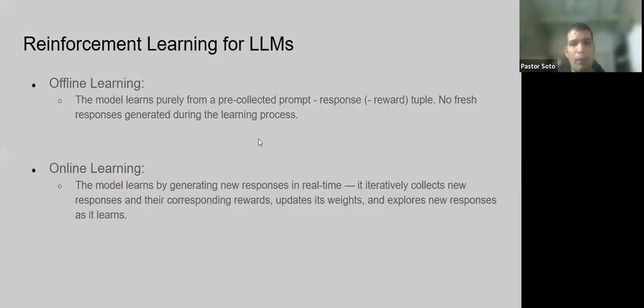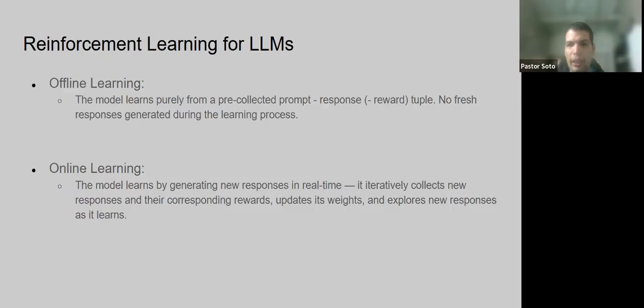This is also not part of the paper, but just so we can get into the same picture. In offline learning in reinforcement learning for large language models, you have a prompt and you have a response. So you have your CSV file with prompt and response, and you test that and create a reward. There is no generation in the offline learning.